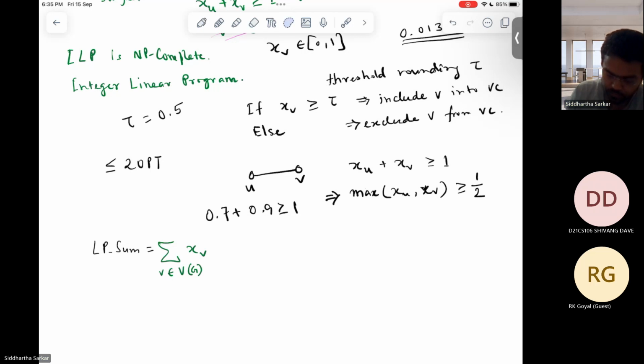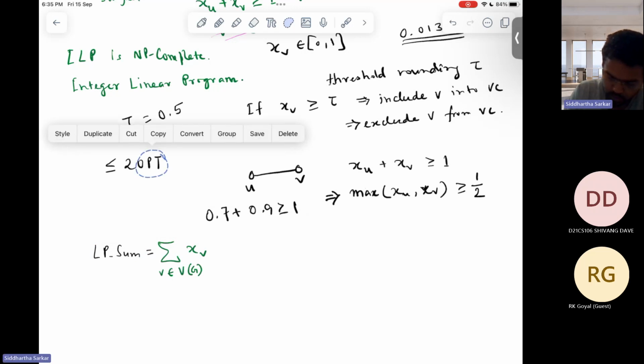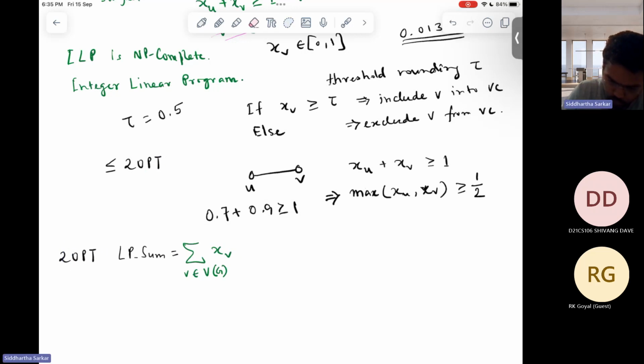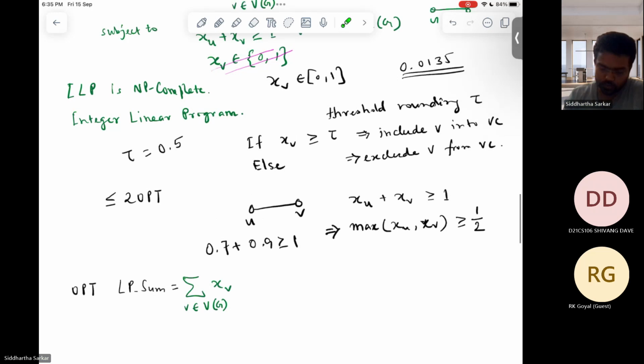And OPT is the optimum vertex cover. So what is the relationship between OPT and LP sum? OPT is the integer optimum, and this is the fractional optimum. So the question is whether this is greater than or equal to or less than or equal to.